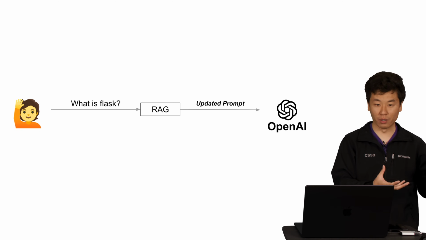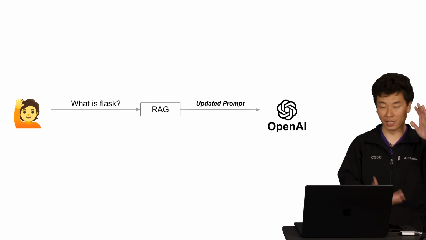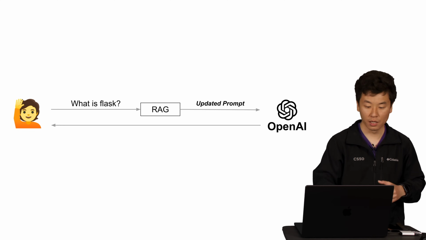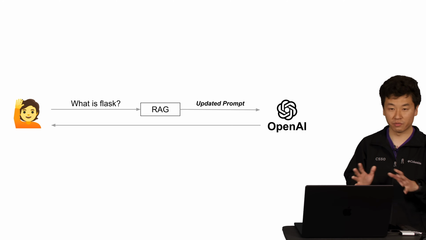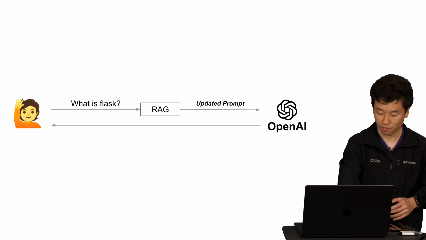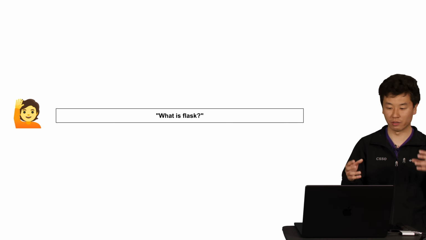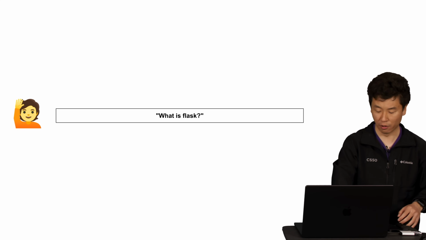We have an updated prompt along with the original question asked by the student. We send the whole thing to OpenAI GPT-4 and get back a response. And this response is more, let's just say, learner-friendly or CS50 student-friendly. And that's it. That's what RAG is doing in CS50, and that's what RAG is doing in most of the AI systems in the world right now.